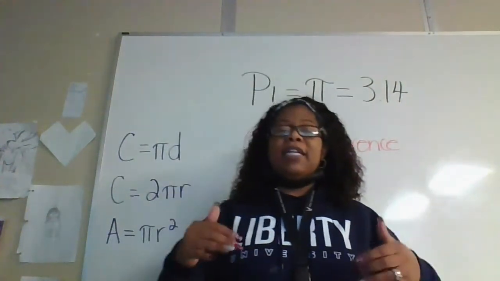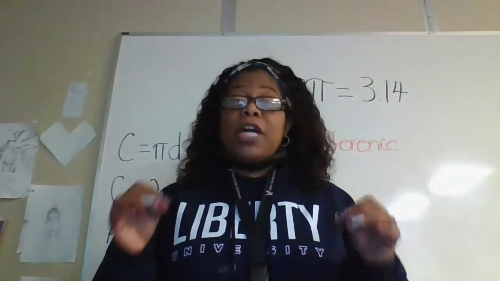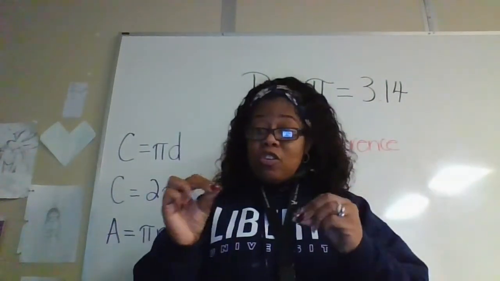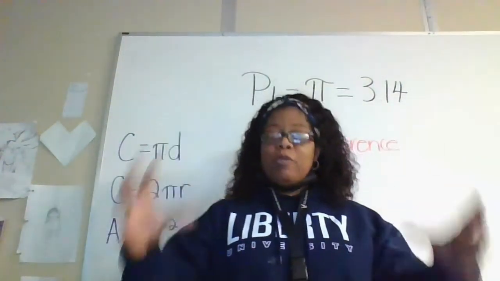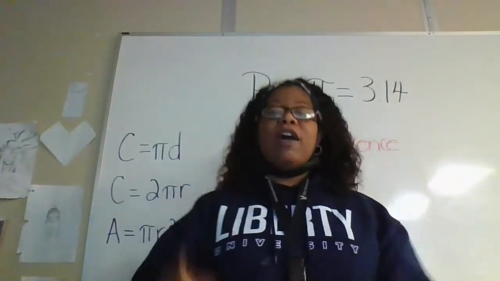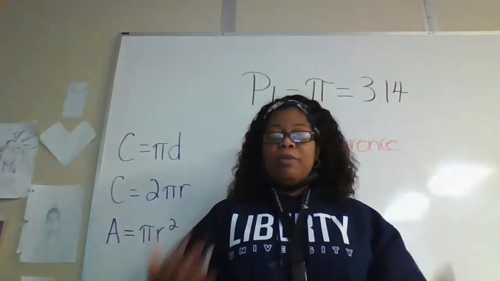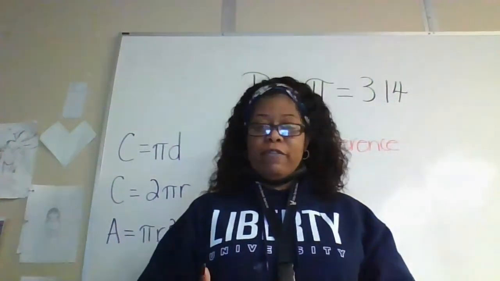So instead of finding the perimeter of a circle, we find the circumference of a circle. So circle, circumference. We don't find the perimeter of a circle. We find the circumference of a circle because the circle does not have sides. So when we measure the outside of it, we are looking for the circumference.